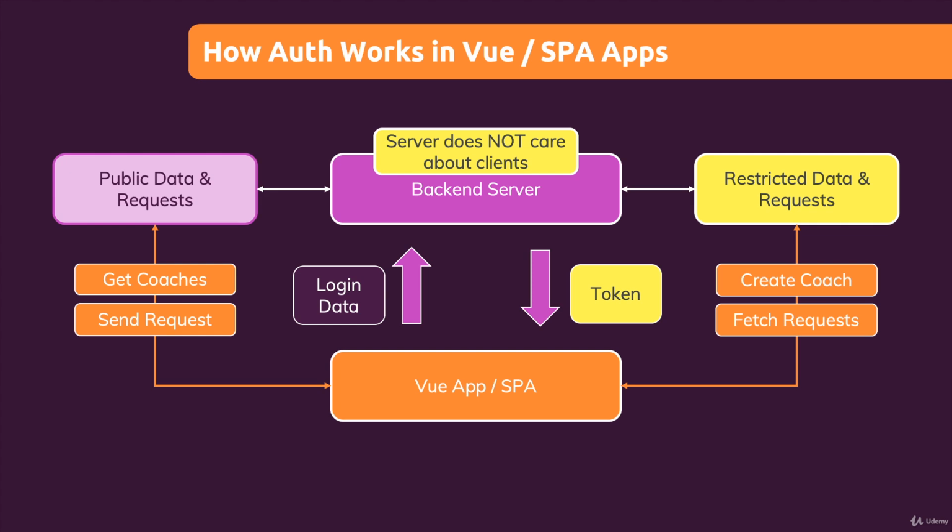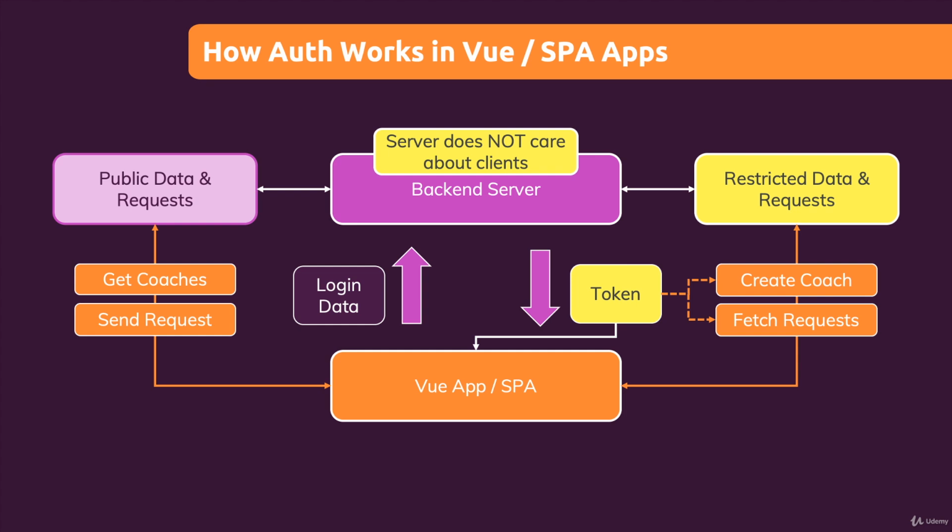The token is then sent back to the client, and there we can store it. We can store it in Vuex or also in more permanent places like local storage. And the thing with that token now is that it can be attached to outgoing requests to restricted resources. And if that token is attached, since only the server is able to validate the token, if the server receives a request to a restricted resource with a valid token, the server will grant access and return the appropriate data.